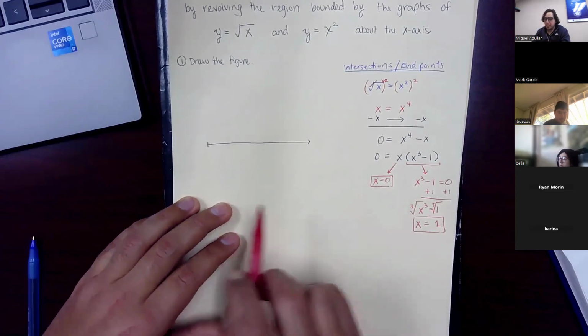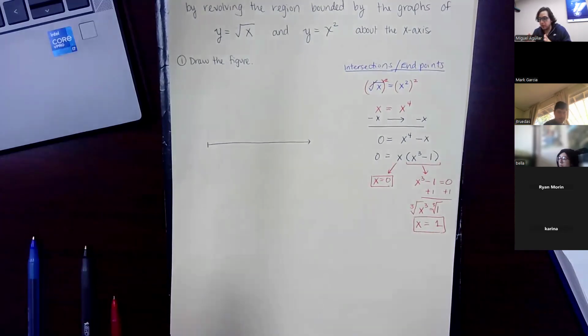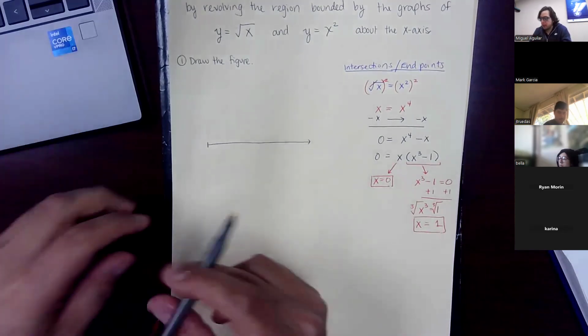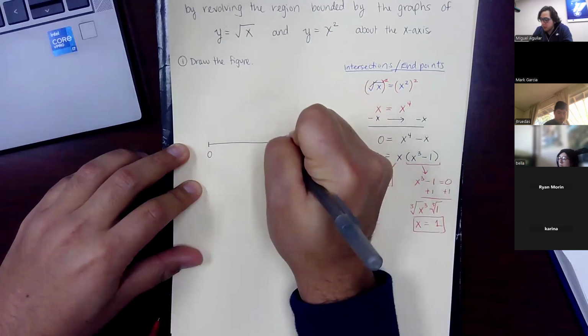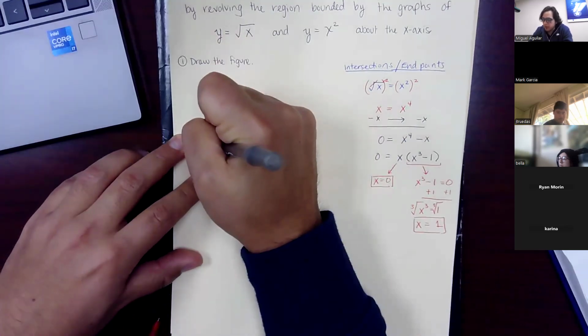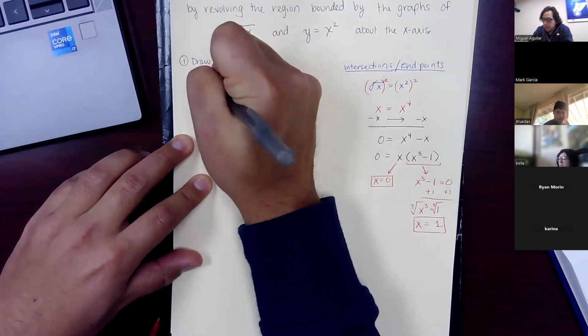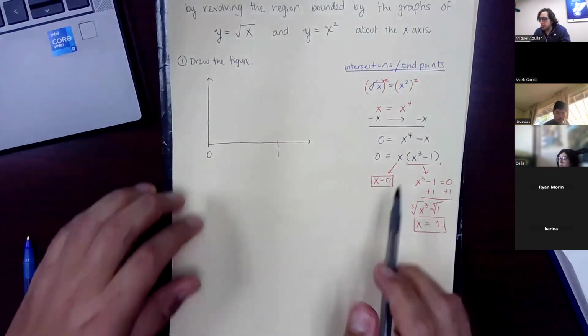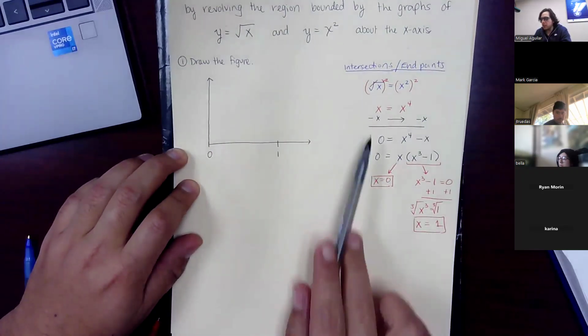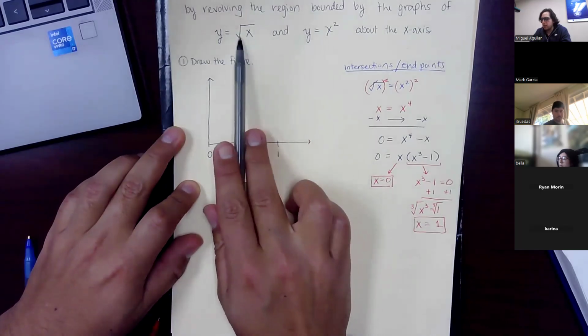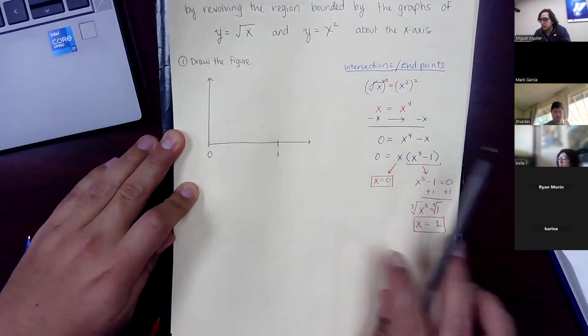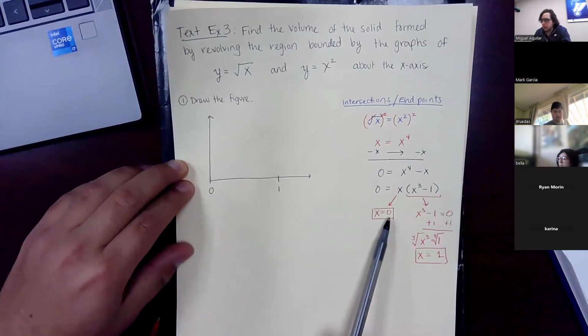Okay. Those x values are really the only x values that we're concerned about. So 0 to 1 is what we're concerned about. And then the intersection points, you can plug them into either of these functions. I think that the square root probably will be the easiest function to find where these points of intersection are happening.